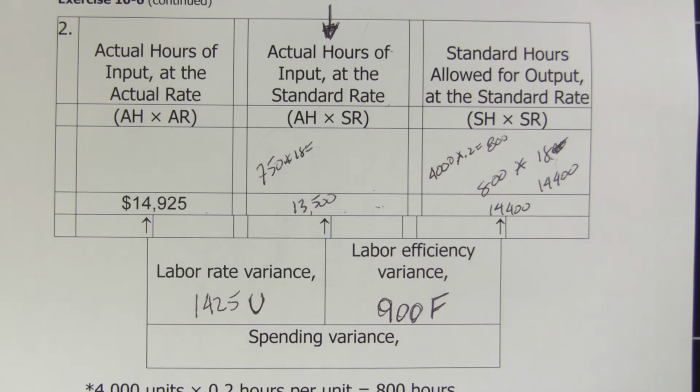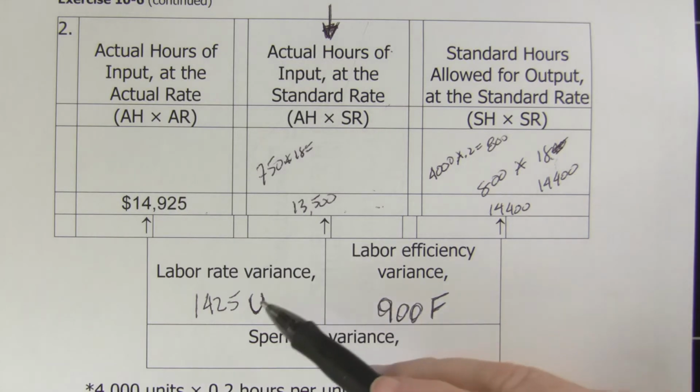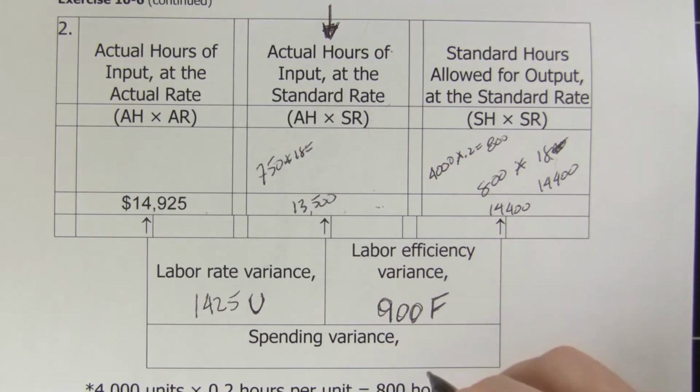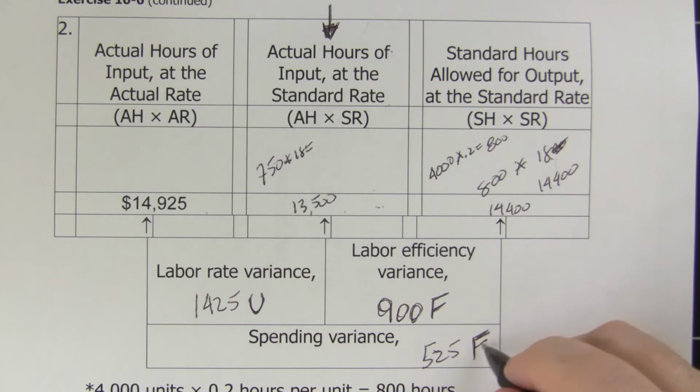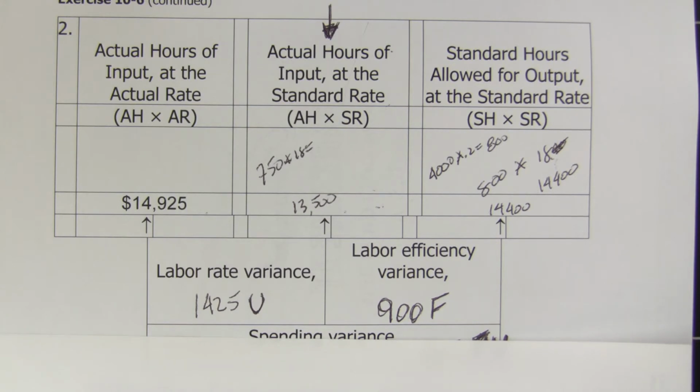We have to put them together to see what the total is. Take the smaller from the larger, the number and the letter from the larger. $525 favorable. I'm sorry, I'm a moron. $525 unfavorable. So all you have to think about when you're looking at this is what we're doing.